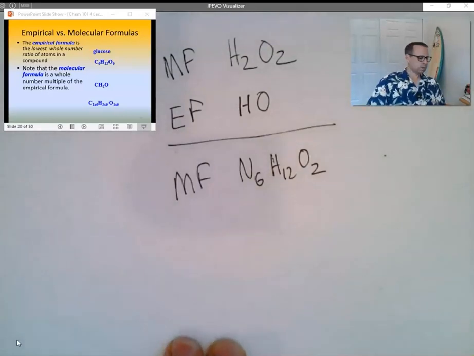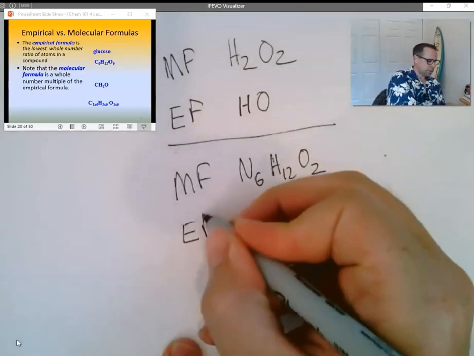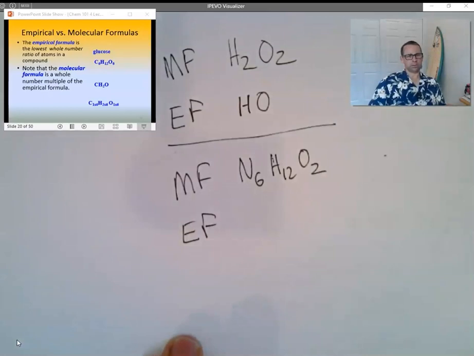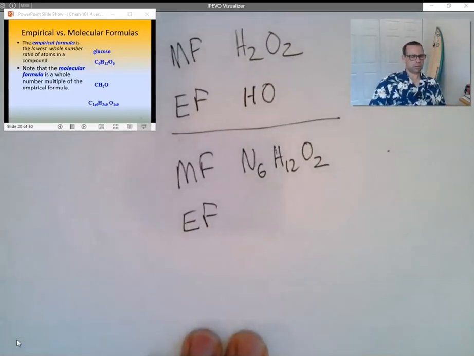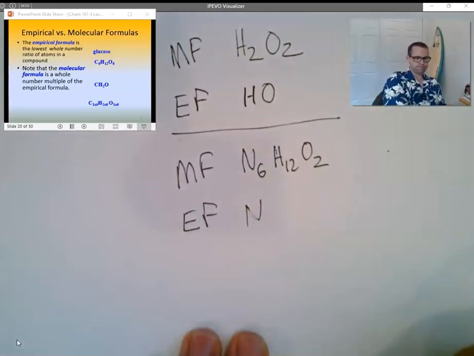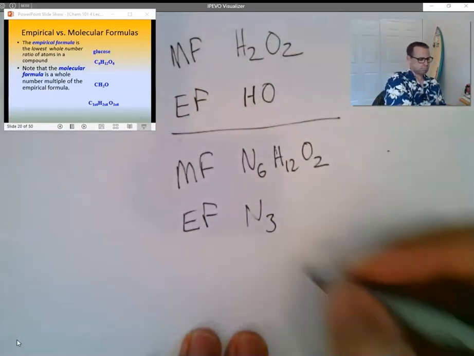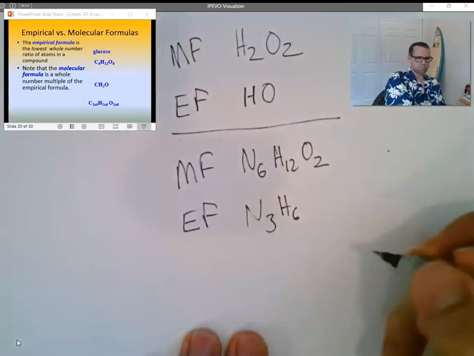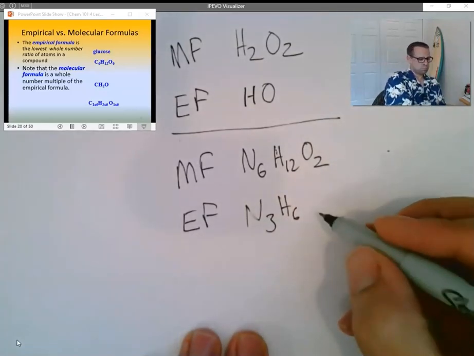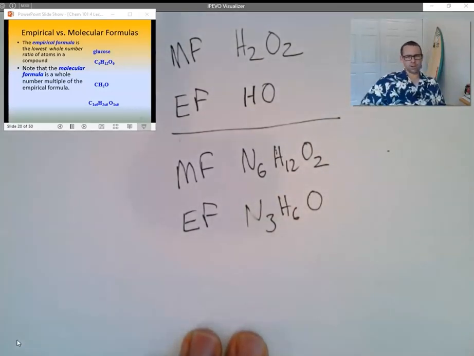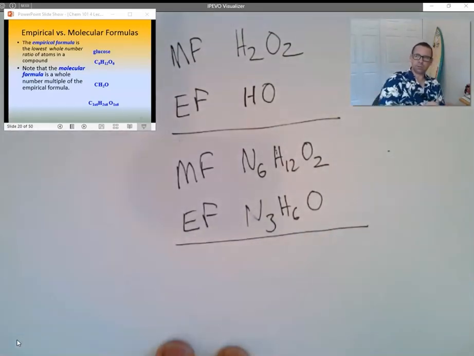Can you tell me what the empirical formula for this kind of compound is? N3H6O1. Yeah, very good. Excellent job. So that's the empirical formula for N6H12O2, right? It's the reduced form.